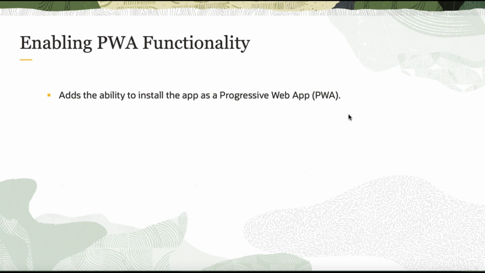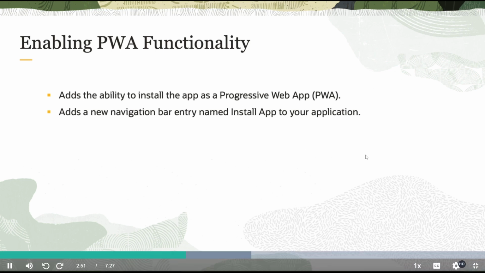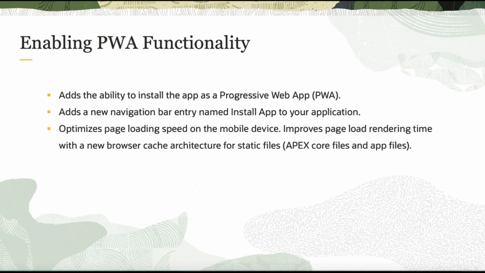What happens when you enable PWA functionality in your Apex application? It adds the ability to install the application as a Progressive Web App. It adds a new navigation bar entry named Install App to your application. It optimizes page loading speed on the mobile device. It improves page load rendering time with a new browser cache architecture for static files.